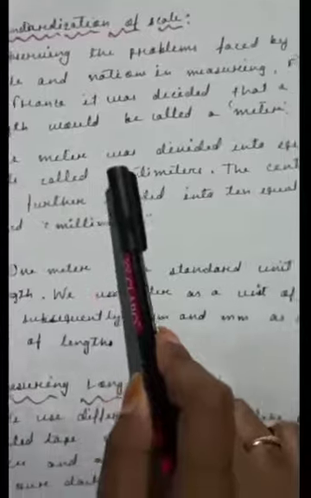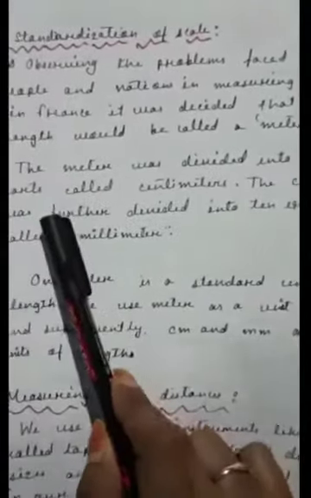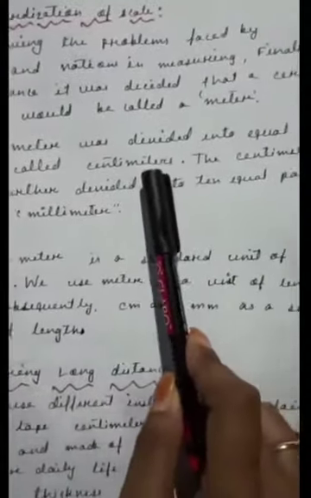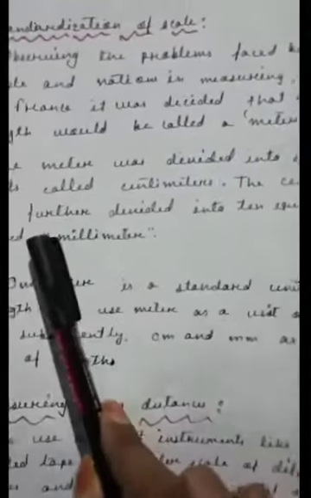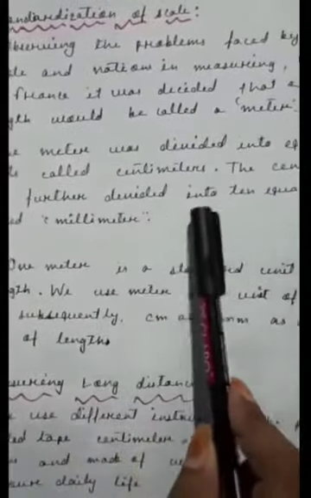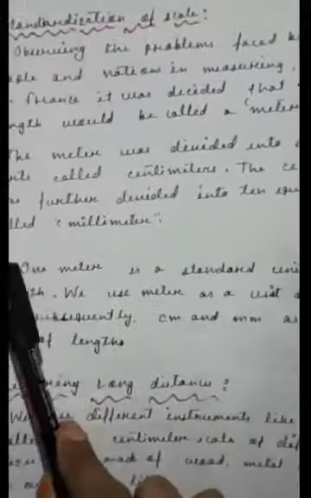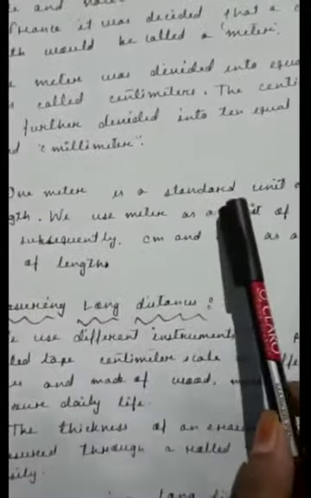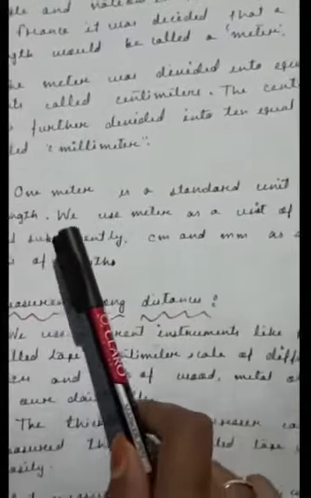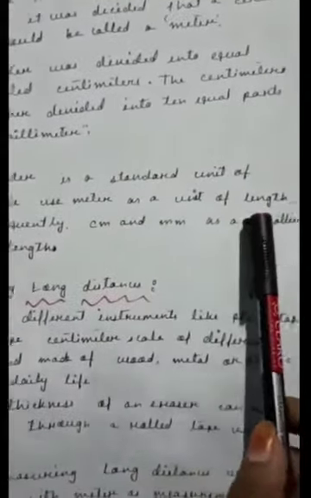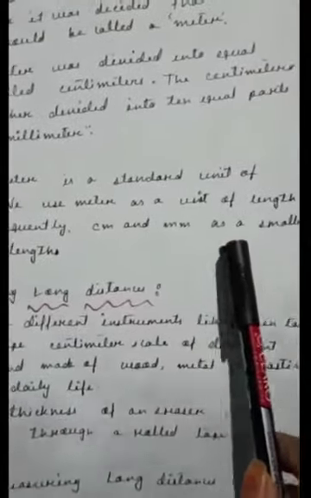The meter was again divided into equal parts called centimeters. The centimeter was further divided into 10 equal parts, called millimeters. So 1 meter is a standard unit of length. We use meter as a unit of length, and subsequently centimeter and millimeter as smaller units of length.